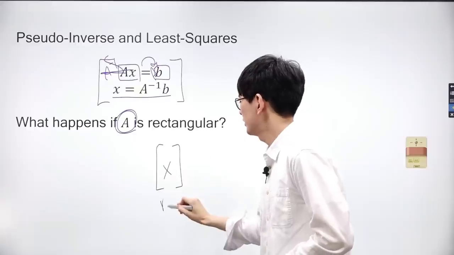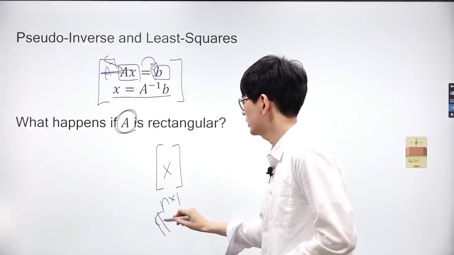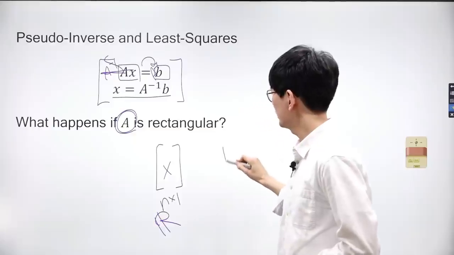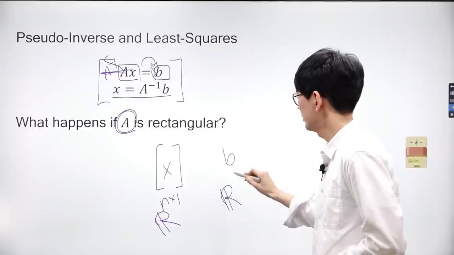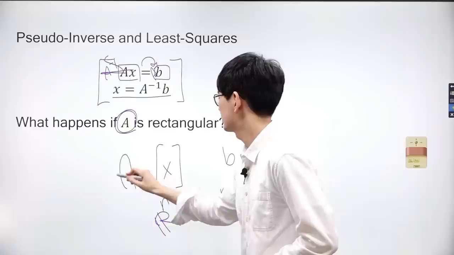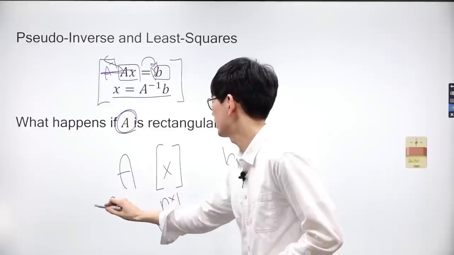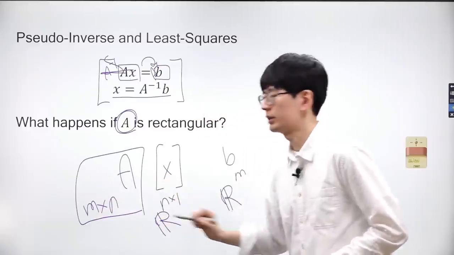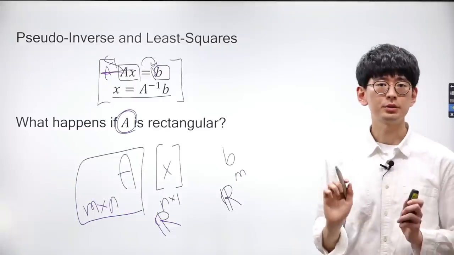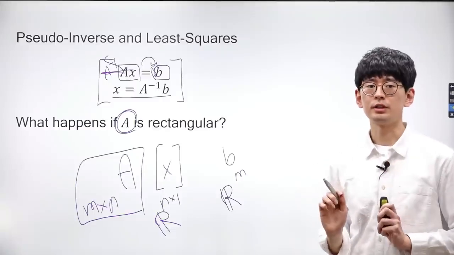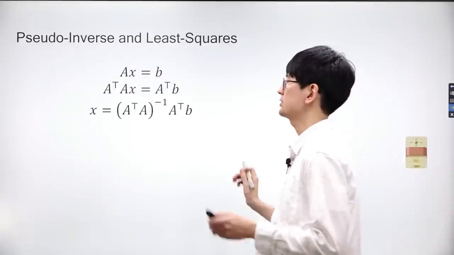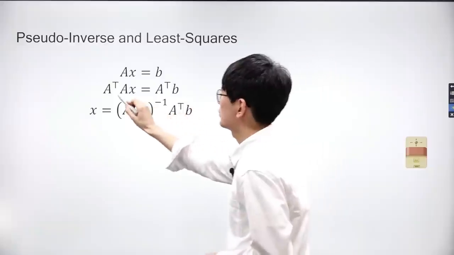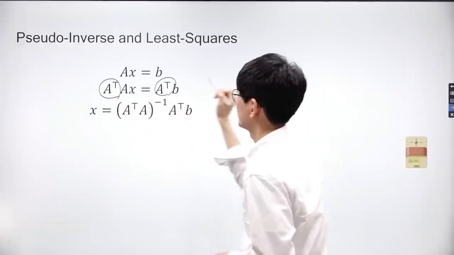For instance, if vector x is in Rn and vector b is in Rm, matrix A is an m by n matrix, and it doesn't have an inverse. However, even though the rectangular matrix A doesn't have an inverse, we can determine its pseudo-inverse matrix.